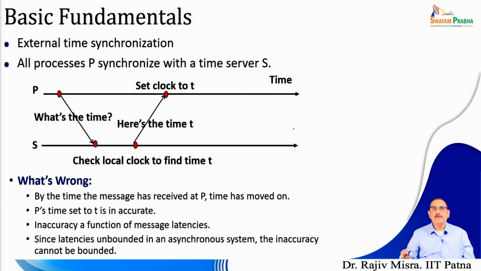Now, let us see some of the basic fundamentals. In external time synchronization, all processes P synchronize with the time server S. The process P wants to synchronize its clock with the external time server S. So P sends the question, what is the time, to S, and S replies, here is my time t, and P sets its time to t.